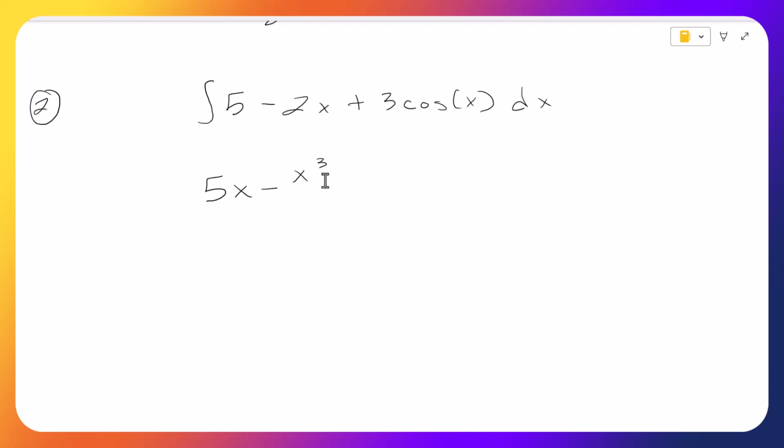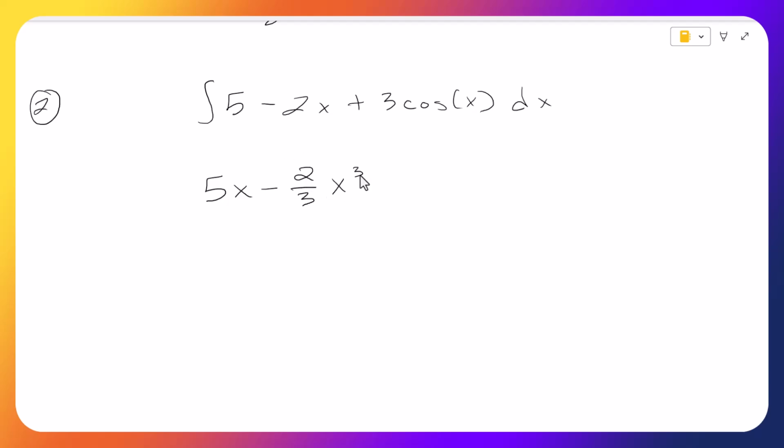Let me give myself a little bit more space because we're going to do something interesting here. So we have x cubed, and then I'm dividing by this original exponent. So it's going to become negative 2/3. I'm going to put my division as a fraction here. So we have negative 2/3 x cubed.